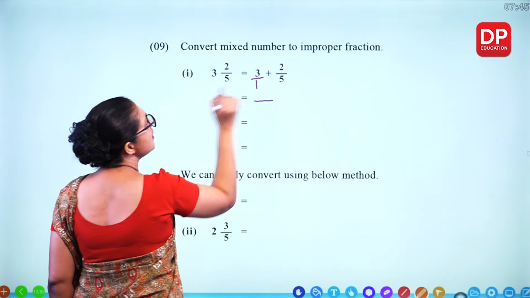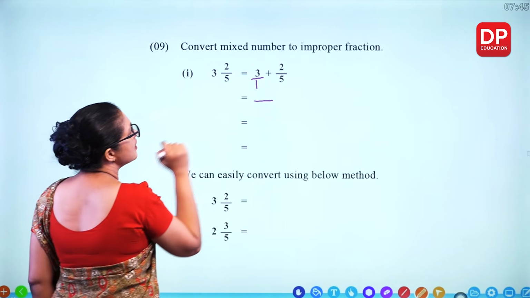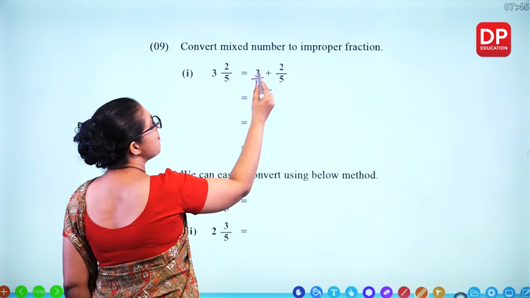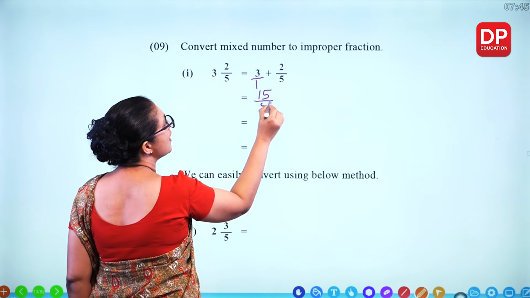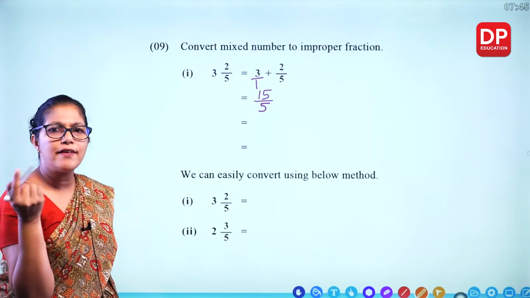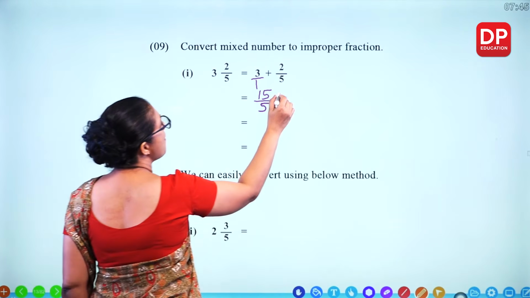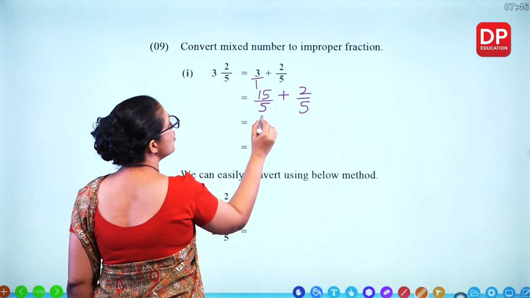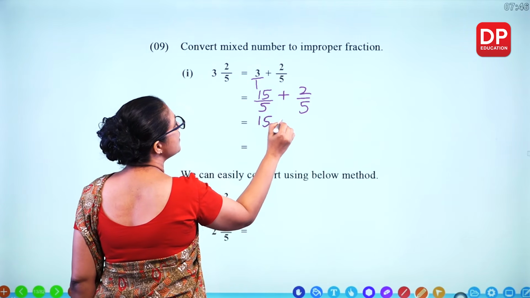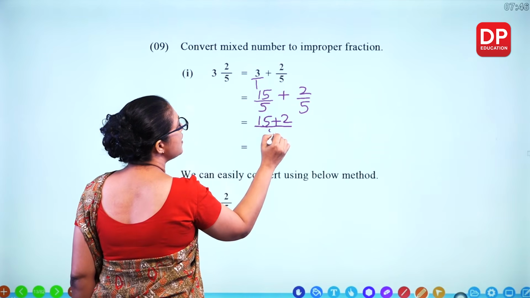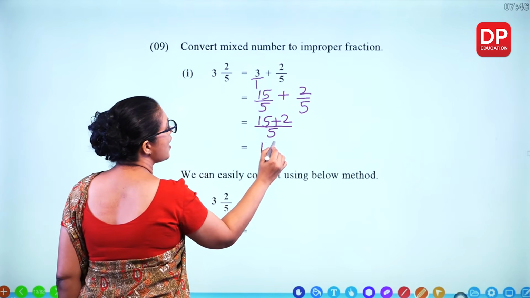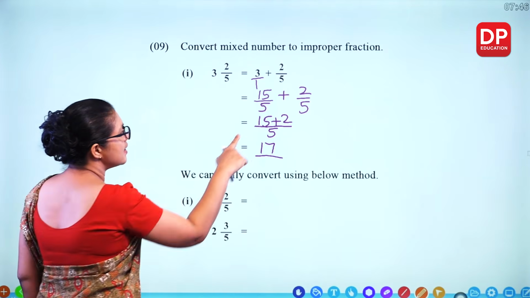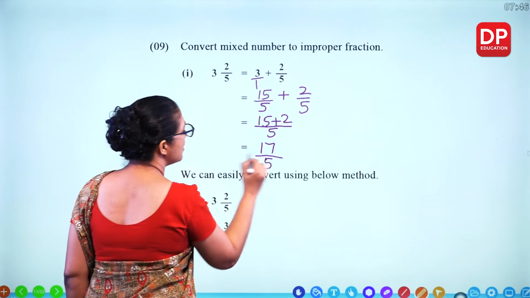So 3 over 1 you can write, multiply by 5, 15, multiply by 5, 15 over 5. 3 over 1 you can write as 15 over 5 plus 2 over 5. Now 15 plus 2 you get the numerator, and the denominator is 5. So how can you write it as an improper fraction? 17 over 5.